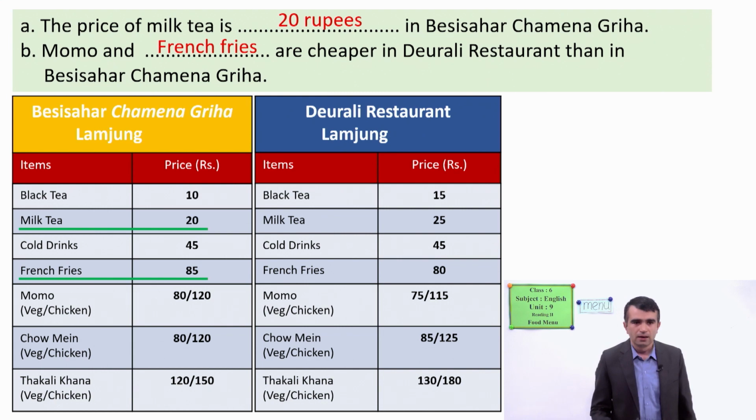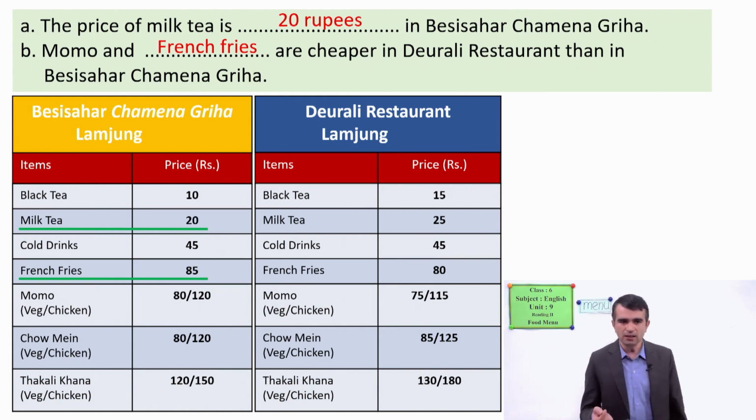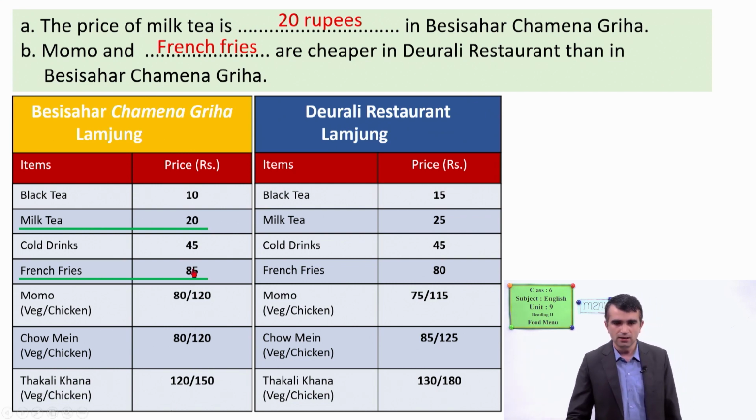Okay, Momo and French fries are cheaper in Devrali restaurant than in Besar Samanagriya. This one here 85, but here you can see 80. Momo is 80 here, here 75. Here chicken Momo 120, here 115. So Momo and French fries, these two items are cheaper in Devrali restaurant.